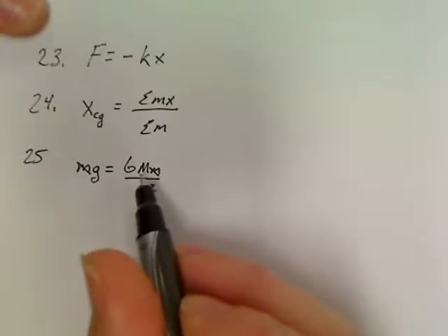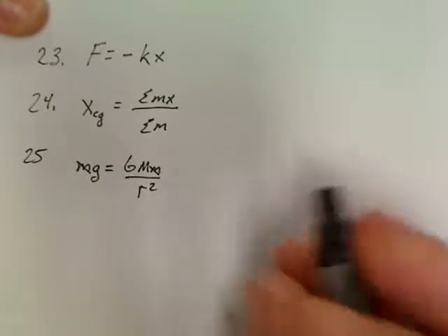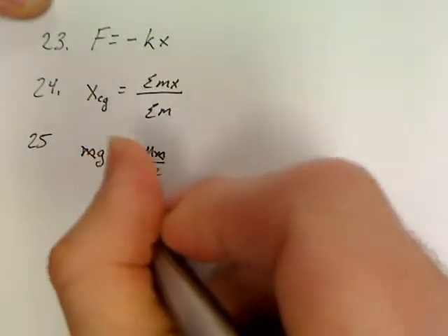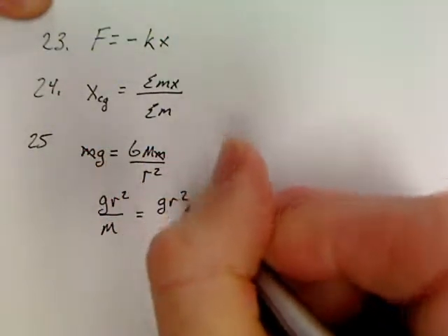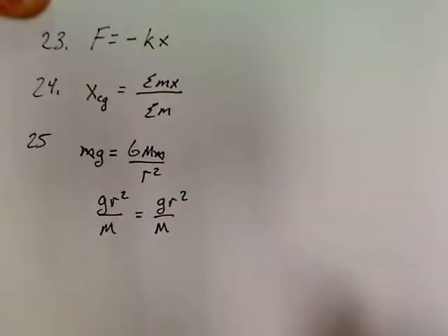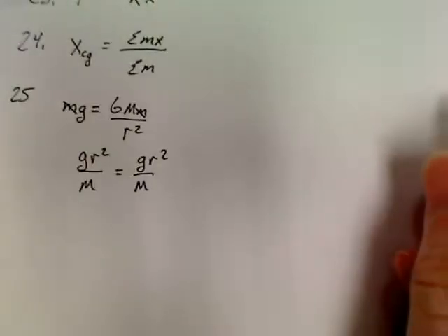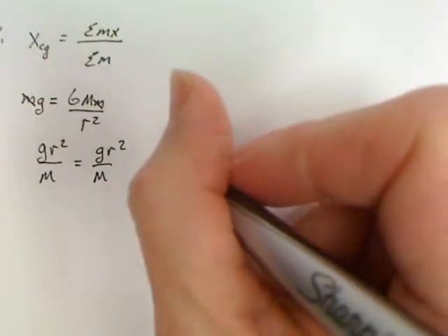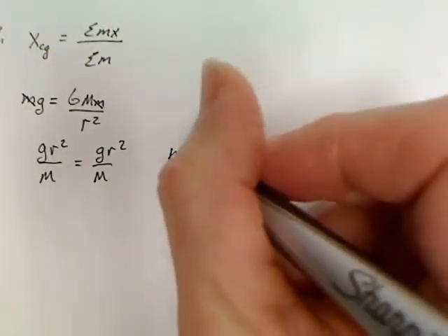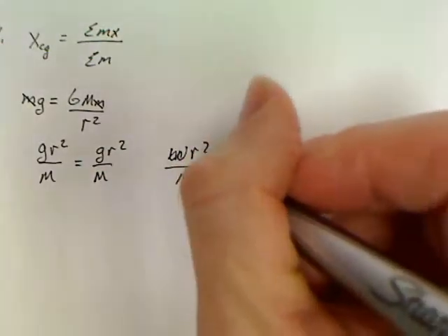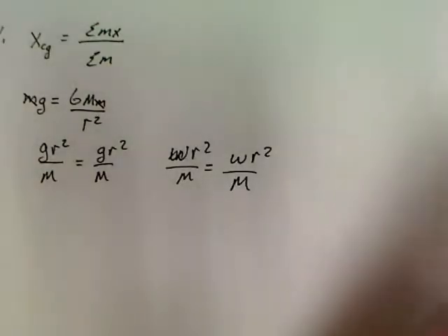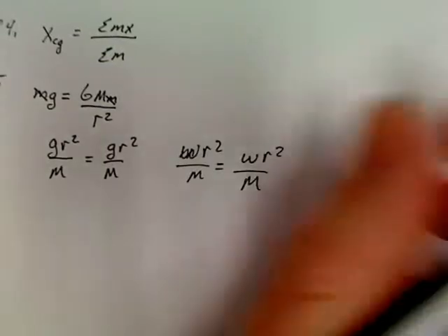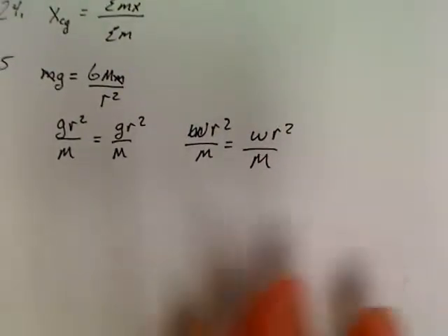But here the only thing constant is G. So you end up with g r squared over M equals g r squared over M. Or if you want to keep the weight in there, just keep weight r squared over M equals weight r squared over M. You can do it like that if it said something about weight.